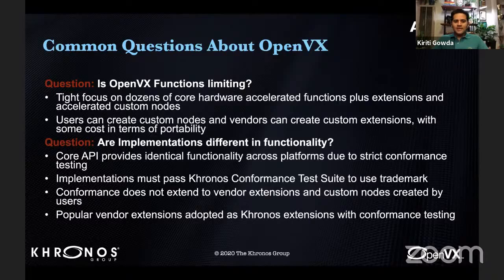And that's a resounding yes, because OpenVX has a testing called the conformance test suite, where anybody who has implemented OpenVX and wants conformance needs to run thousands of tests to make sure that every output and every node is tested and behaves the same way. And like I was mentioning, popular vendor extensions get adopted as Khronos extensions for future testing with conformance.